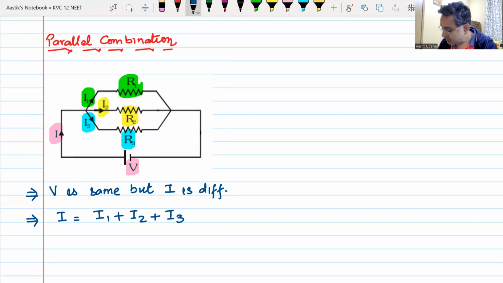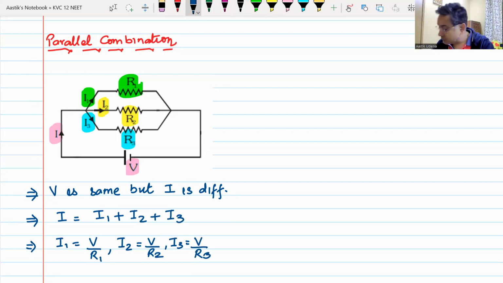Yes, sir. Now this I1 will be equal to V by R1. I2 will be equal to V by R2. And I3 will be equal to V by R3. And this total current can be written as V by R equivalent, where R equivalent will be the equivalent resistance.